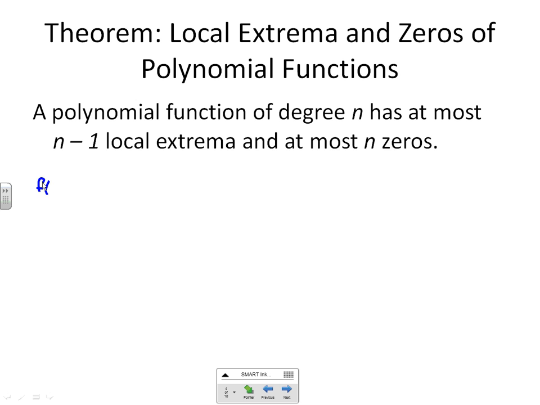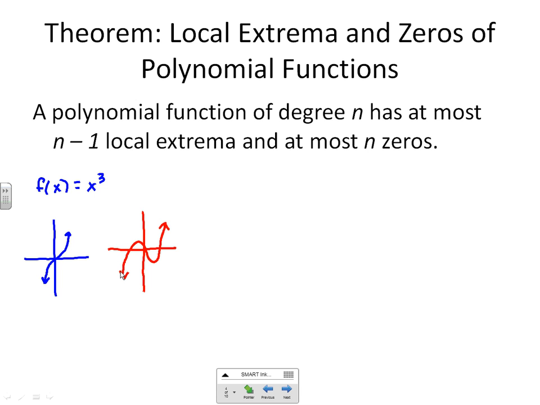If I have a cubic function, okay, that's a graph that goes through the origin, goes up to the right, down to the left. But we've seen other cubic functions that look very different from that. We've seen cubic functions that curve quite a bit.